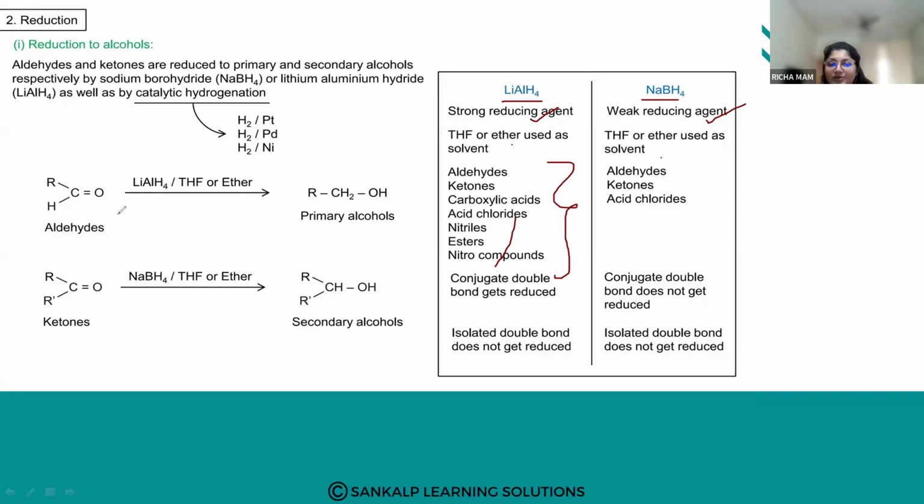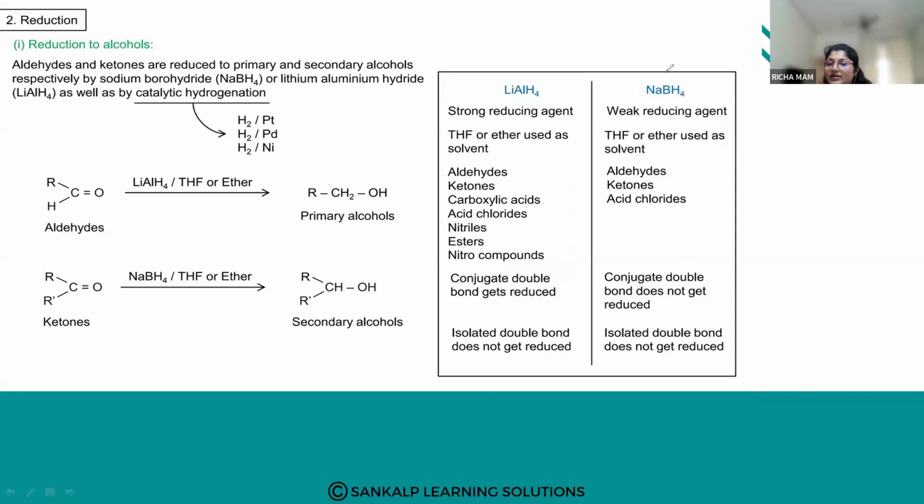So whenever you want to reduce acid chlorides, ketones, or aldehydes, they are reduced by sodium borohydride. What happens when you use lithium aluminum hydride? Your conjugated double bond gets reduced, and with sodium borohydride the conjugated double bond does not get reduced. With lithium aluminum hydride, an isolated double bond does not get reduced.